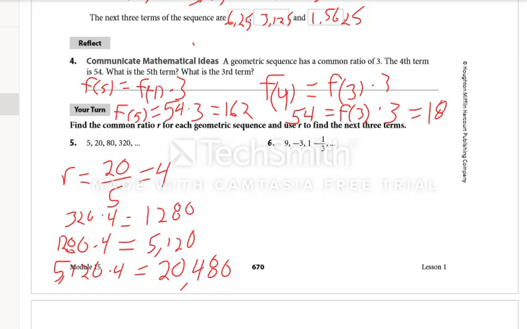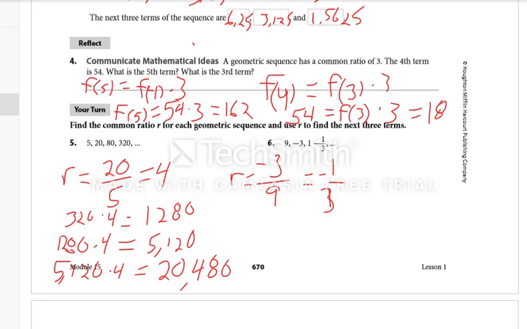Okay, now if you look at number 6, find that common ratio. -3 divided by 9 is negative 1/3. Notice that common ratio is negative. So to find our next three terms, we multiply by that common ratio.